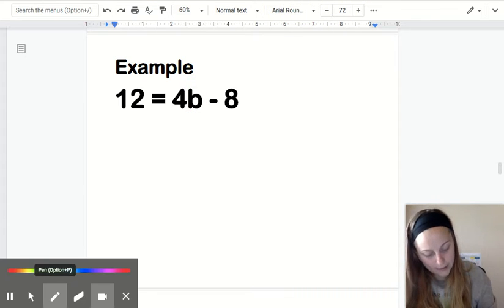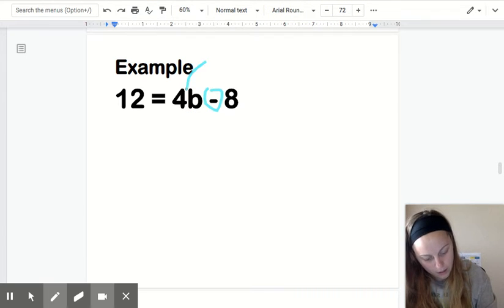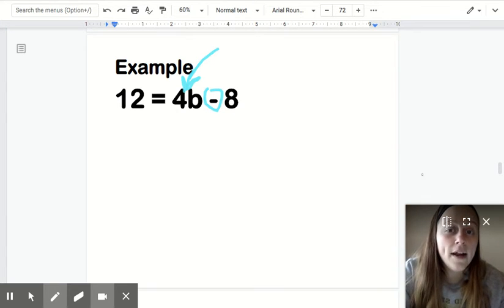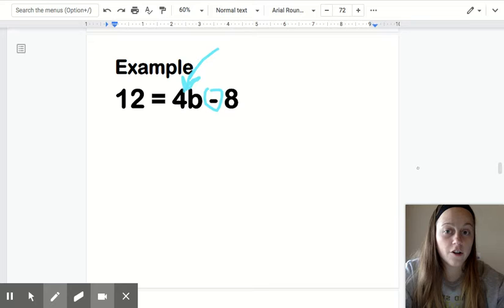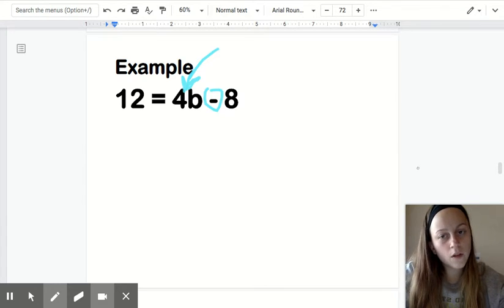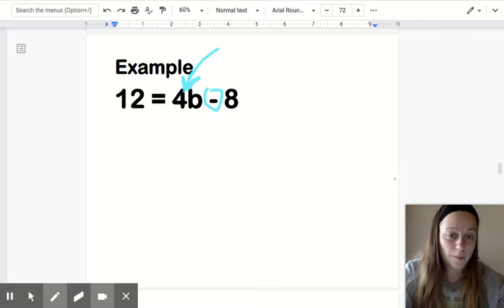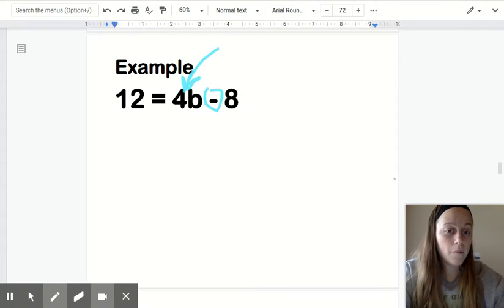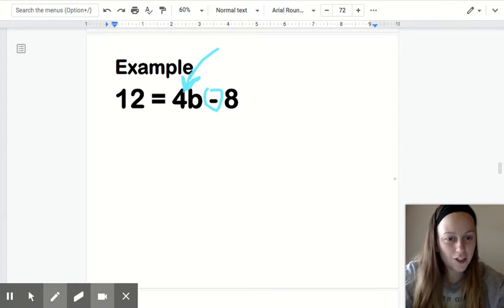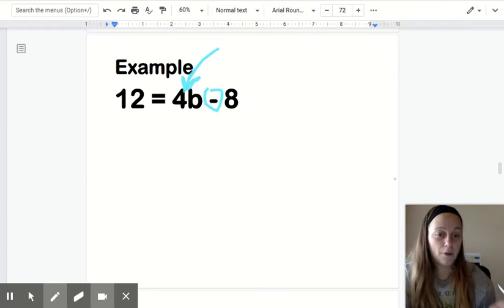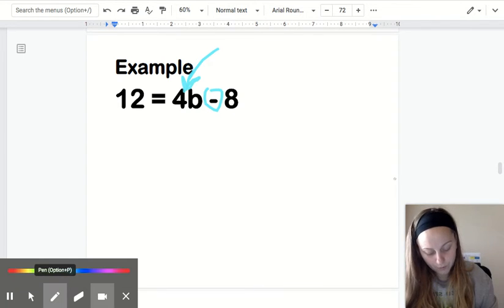And what I see is some subtraction and some multiply. I got to get rid of those in order to get the variable all alone, which is our goal. So, do I get rid of my subtraction first or my multiply? Subtraction, because we're working order of operations backwards.